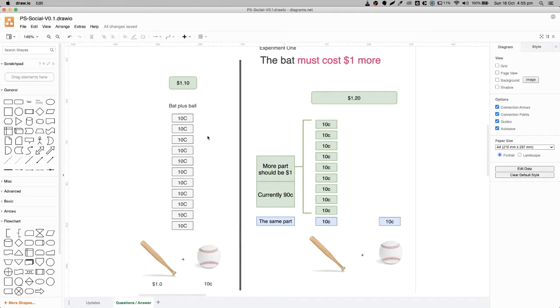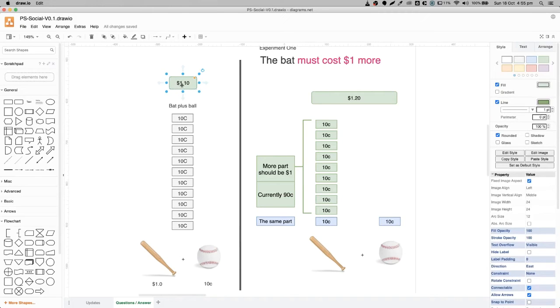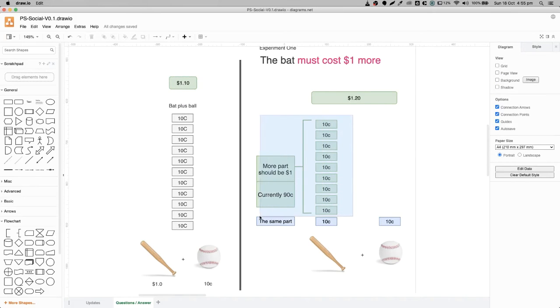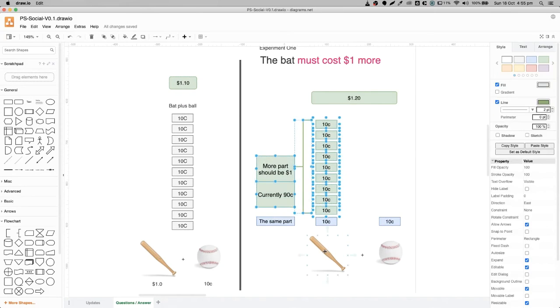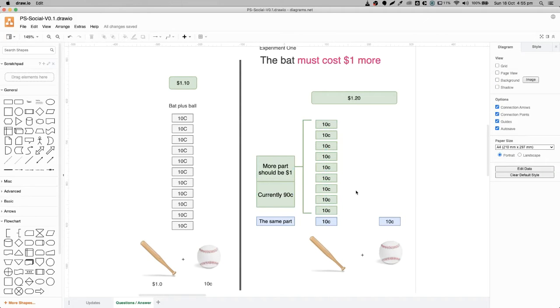And this is not how the question should be. It says the total cost should be $1.10, and this part, which is the more part of the cost for the bat, should be $1.